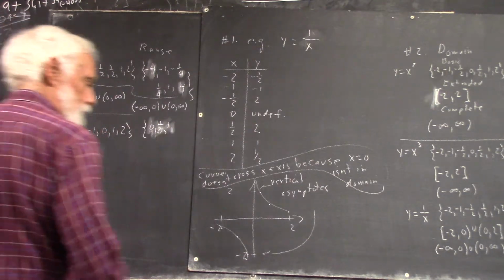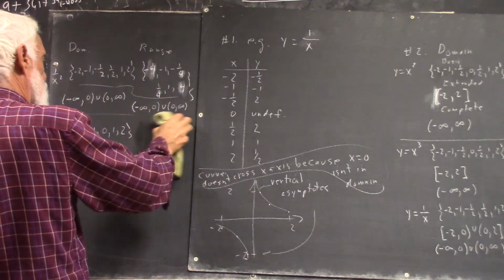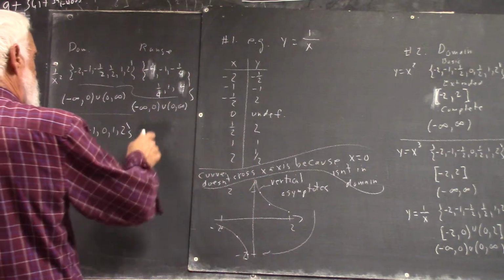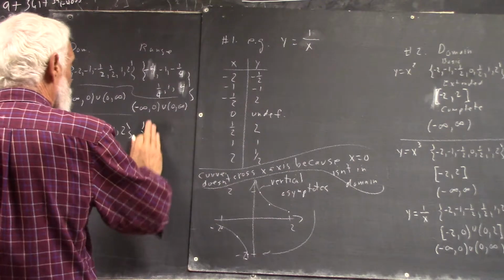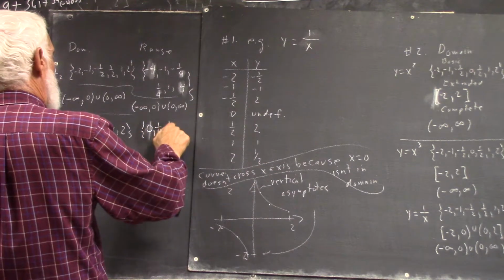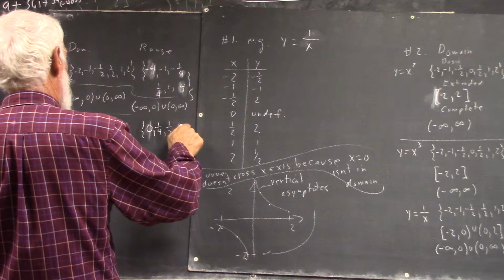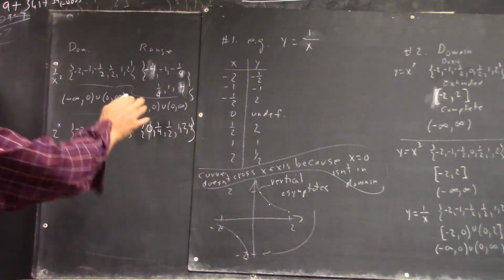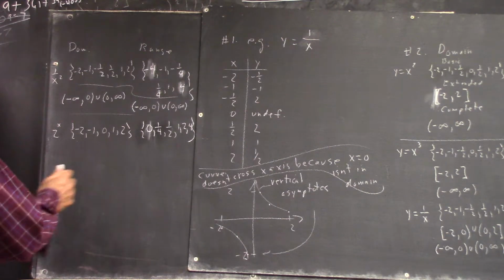And I'm not only smudging this up, I'm writing down wrong numbers. It's 0, start with 0. 1/4, 1/2, 1, 2, 4. Those are the numbers you get when you make the table. Okay? I'll get it right eventually.